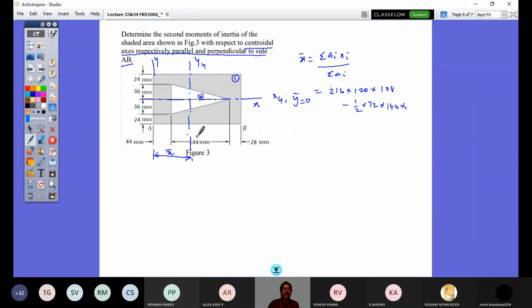So x2 would be here from this point. It is already this distance, whatever is there, that is 44 plus 1/3 of this height. So that would be 44 plus 144 by 3.